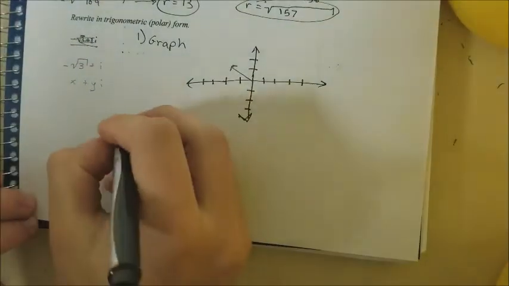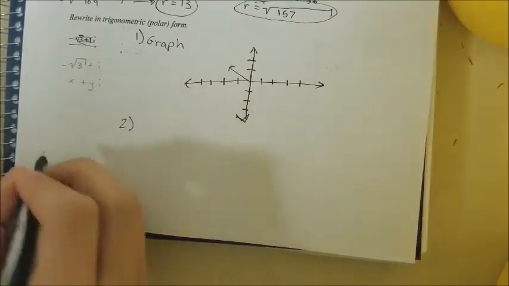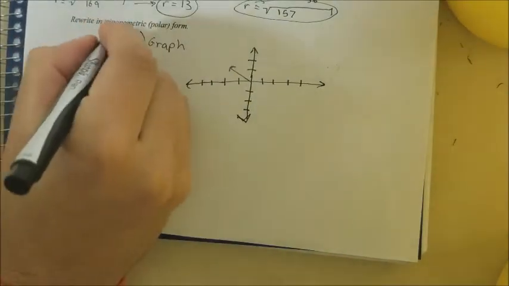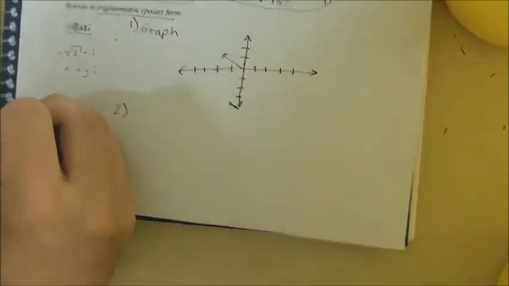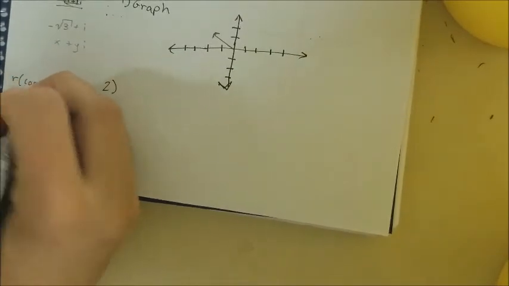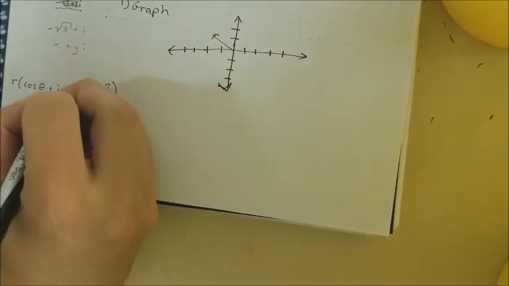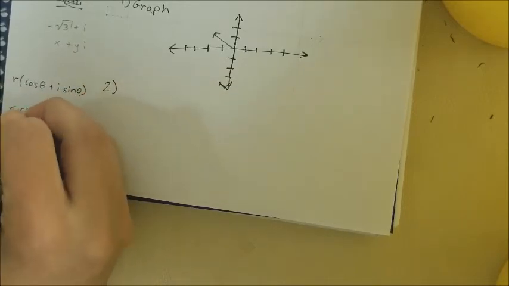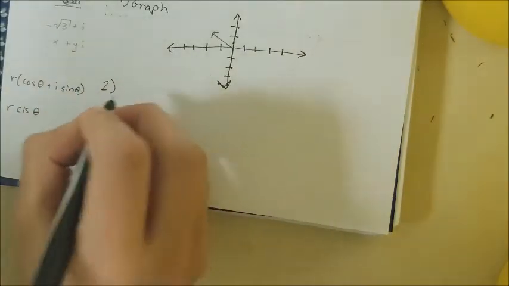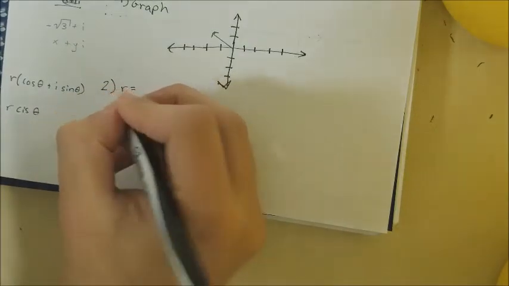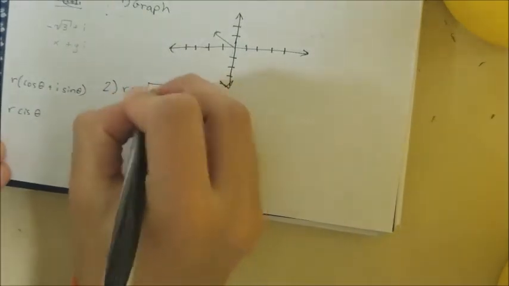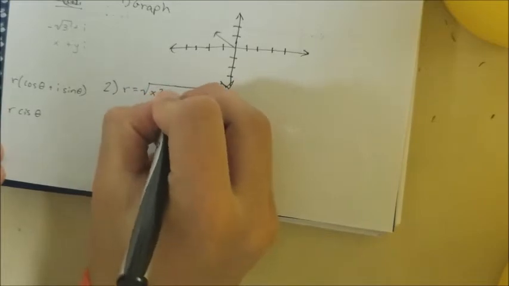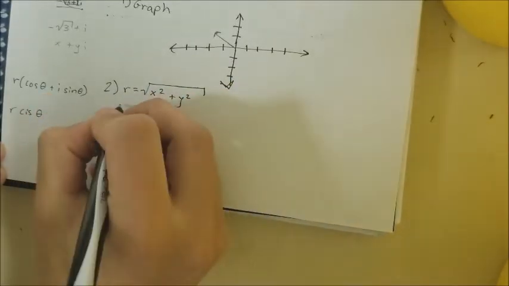So now you have to do step 2. You have to find r, because remember, it's asking for trigonometric or polar form, and that's going to be r of cosine theta plus i sine theta, or r cis theta. So for number 2, to find r, it's going to be the same equation as before, the square root of x squared plus y squared.